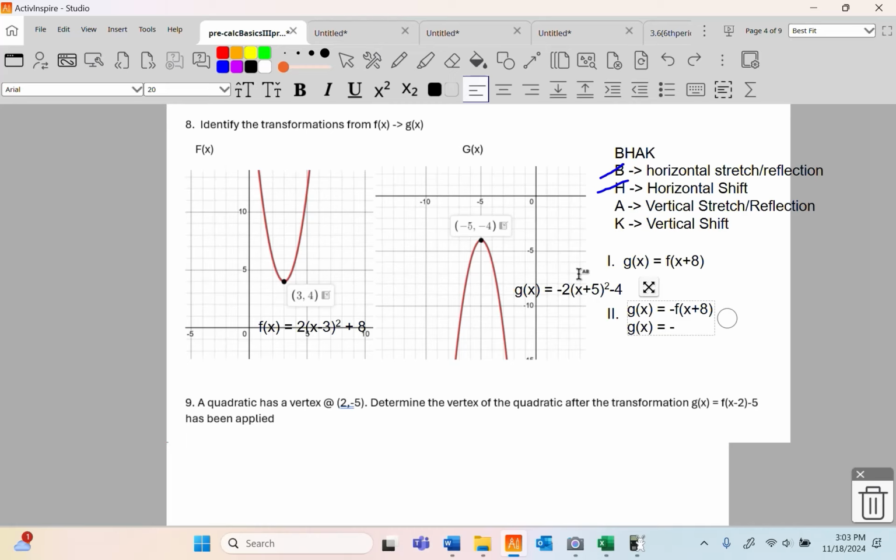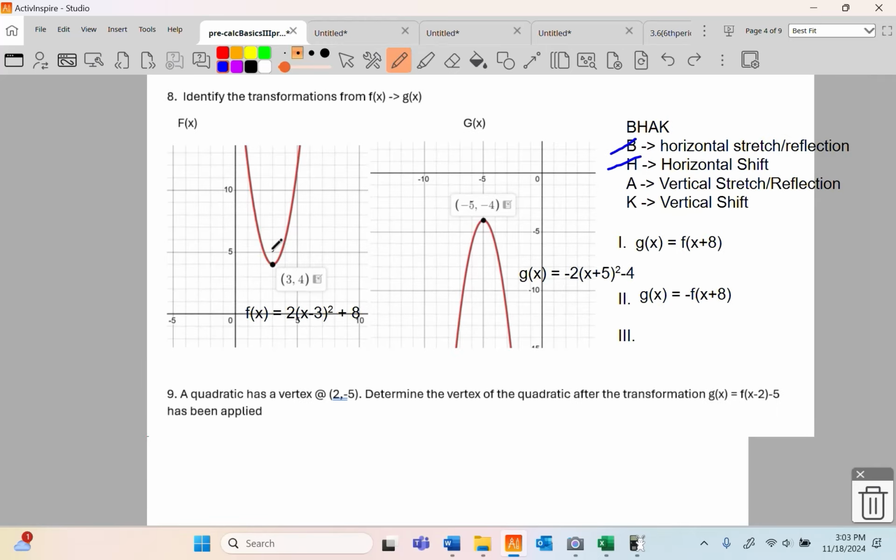No, because if we reflect it, you're fine. So that's good. Now, think about what would happen if you reflected this thing. If all you did was a reflection, it wouldn't be at 3, 4. It would be down over here at 3, -4.